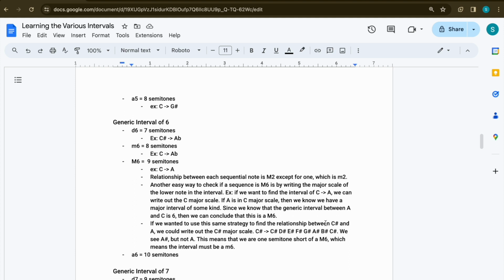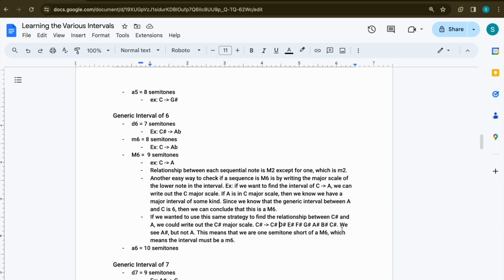Sometimes, if I was trying to find a relationship between C sharp and A, I would write out the major scale of C sharp, and if A was in that major scale, then you could just say, well, let's see, what's the generic interval between C sharp and A? I believe that is 1, 2, 3, 4, 5, 6. So that's a 6.